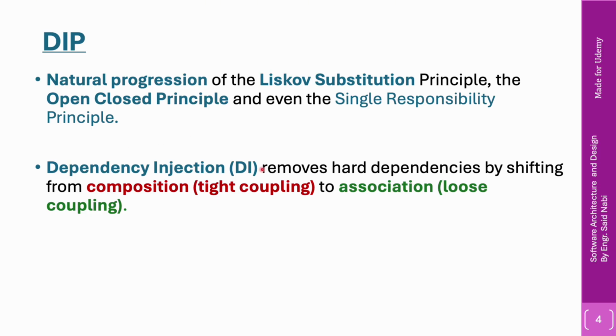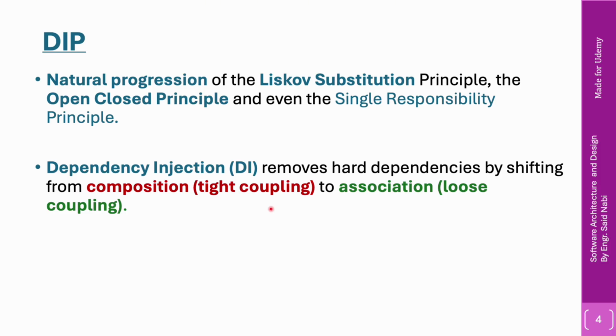Dependency injection removes hard dependencies by shifting from composition, tight coupling, to association, loose coupling. So instead of making a system out of another part, what we do is separate that part and make a separate class for it, and then we make an association from the original part to that separated part.